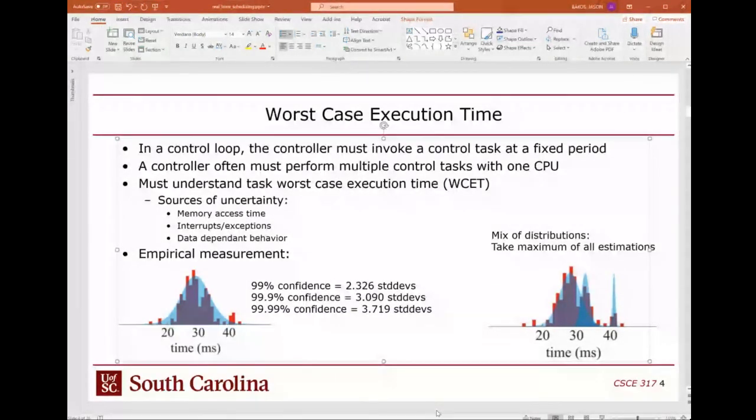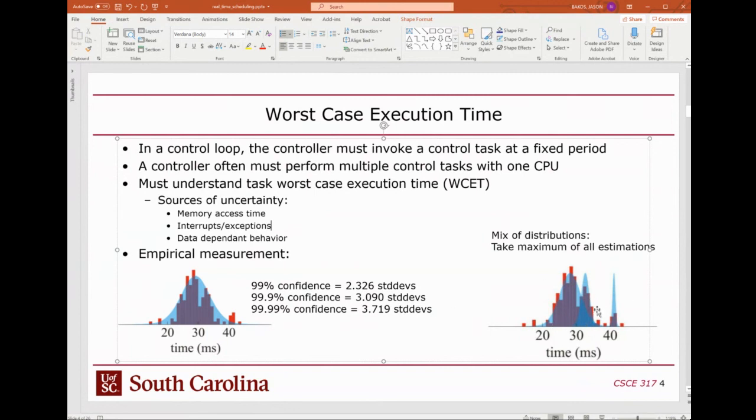And the cool thing about that is if you can break it down into a mixture of Gaussians and then take the confidence interval, what you may find is that by decomposing it into multiple Gaussians, the standard deviation of each of the individual Gaussians is smaller, and thus if you add the standard deviation to the mean of the one furthest to the right, you'll get a tighter worst case execution bound than trying to take all the data as one big distribution, if that makes sense.